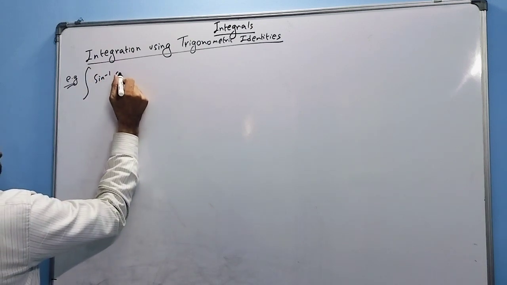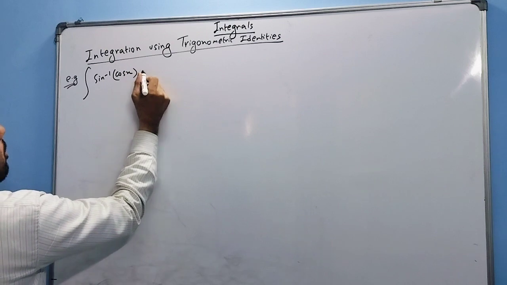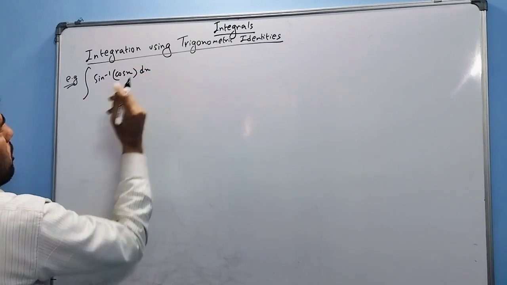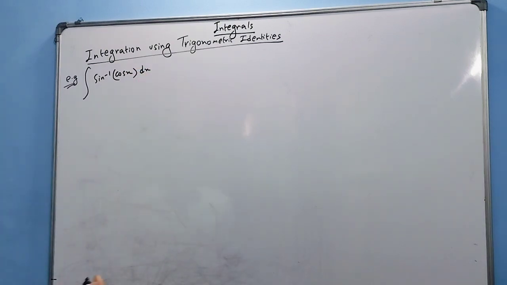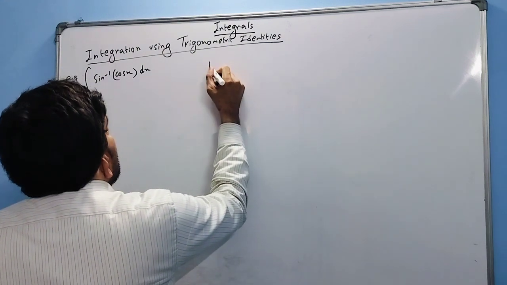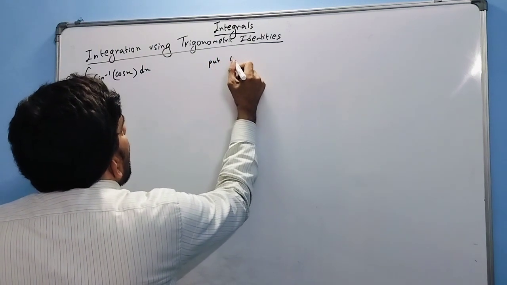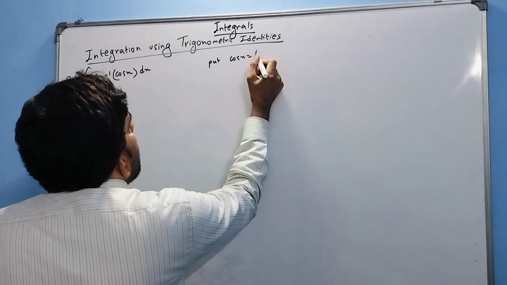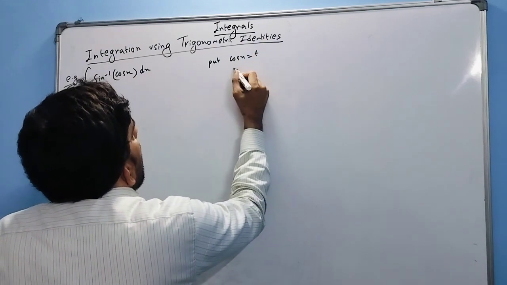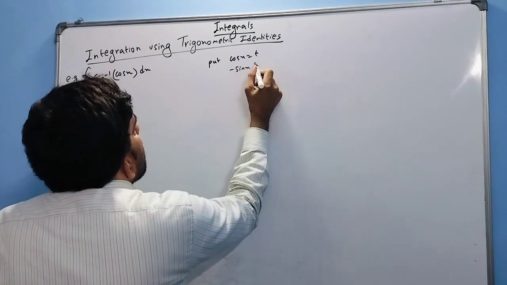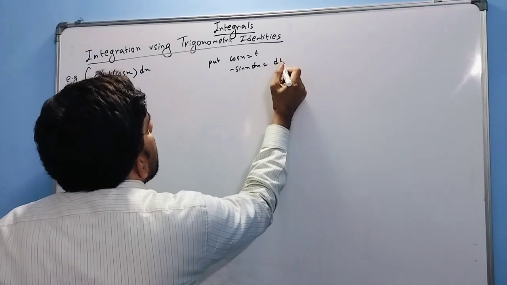sin inverse cos x with respect to dx. Okay, now what we can do here, put cos x is equal to t, so that I can write minus sin x dx is equal to dt.